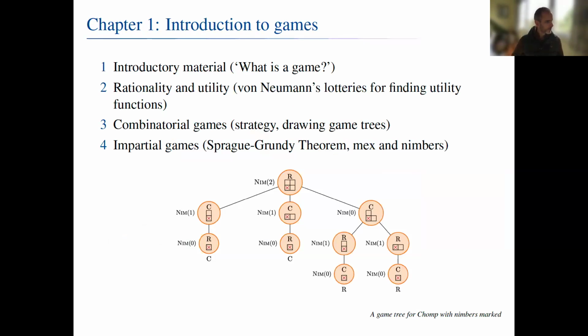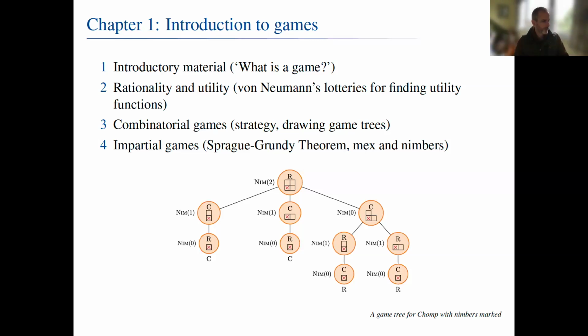Okay, so here's a little more detail on chapter 1, which is chopped into two halves. The first half was a generic introduction to game theory. What is a game? Some kind of formalization of that notion. Section 2 was a little bit curious because we dived straight into the notion of a utility function, that each person might value a particular outcome more than another.